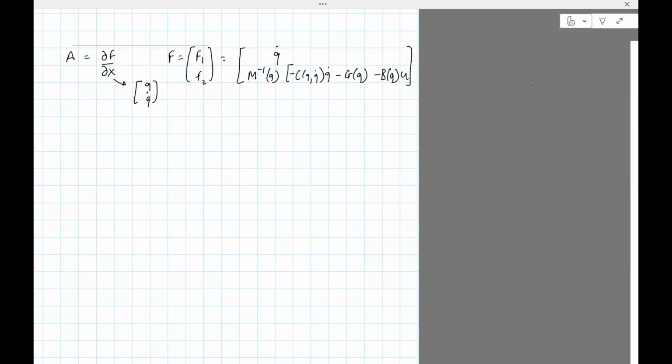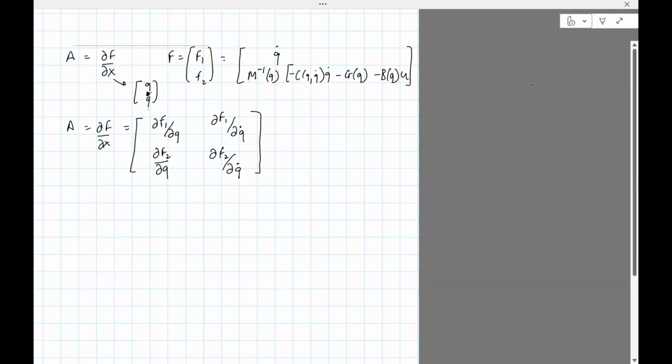Now let's compute df dx. I'll do it slowly by not skipping any steps. So f has two rows, f1 and f2. So it'll be df1 dq, df1 dq dot, because there are two independent variables, q and q dot, and those are the ones I've used in the first row. Then we have df2 dq, df2 dq dot.